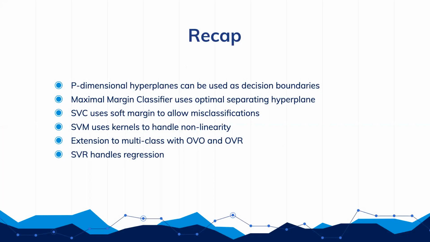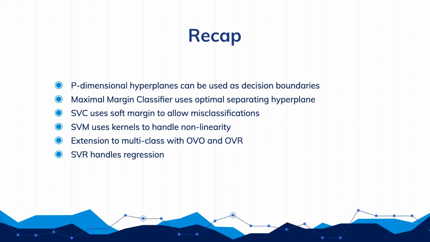Here we're only looking at the subset of problems where you can draw a hyperplane that perfectly separates all classes. We went a step further: how can we use the support vector classifier with a soft margin to allow for some misclassifications? We went another step further: how can we use SVMs with kernels to accommodate non-linear decision boundaries?